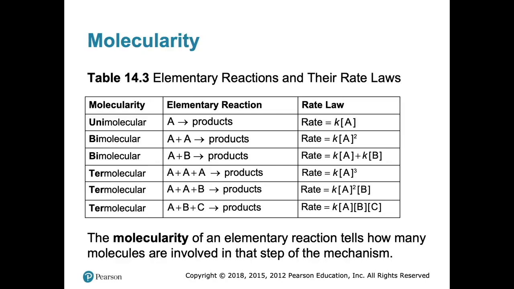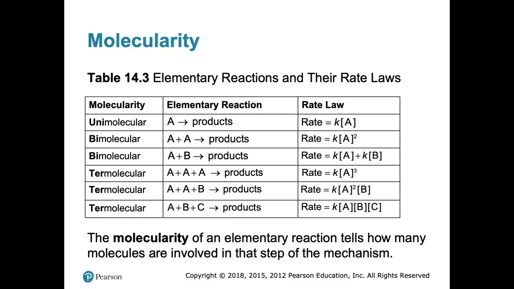Bimolecular reactions: both of these are bimolecular because you have A plus A makes something, or A plus B makes something. That's two molecules, like bicycle, two things. An A plus A would be like two chlorines getting together, whereas an A plus B would be like a chlorine and a sodium getting together. Both of those involve two reactants, okay?